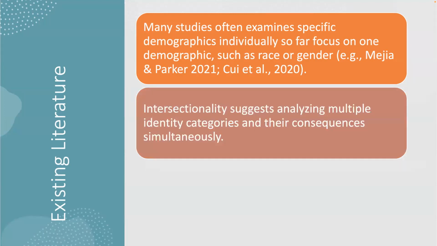But here's where intersectionality comes into play. This framework suggests that it is essential to analyze multiple identity categories and their consequences simultaneously. In other words, instead of studying one aspect in isolation, we should consider how different forms of identity intersect and influence one another.